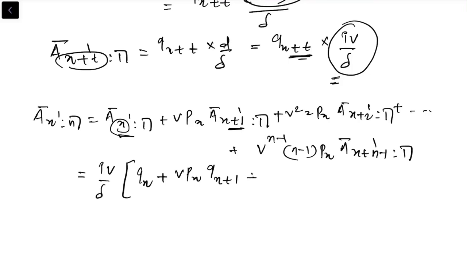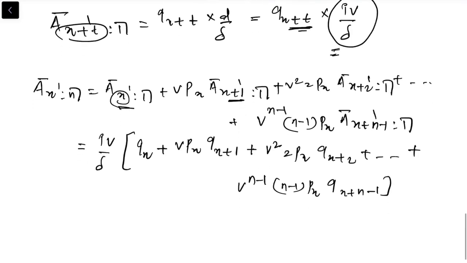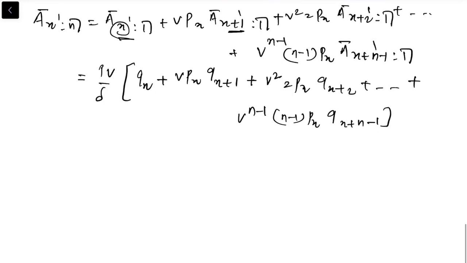And then plus v² ₂p_x q_{x+2}, so on up to vⁿ⁻¹ ₙ₋₁p_x q_{x+n-1}, right? Now let's multiply this v inside the bracket.